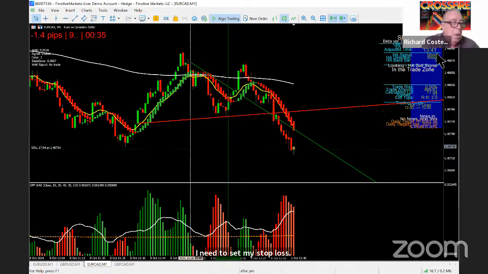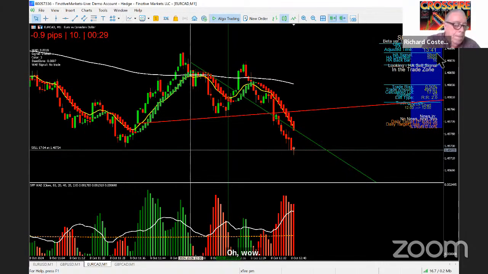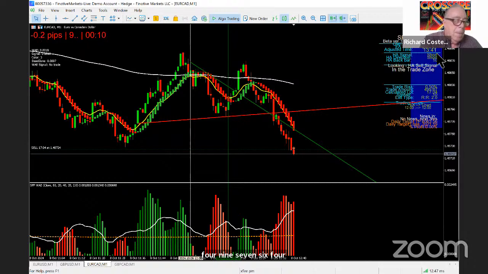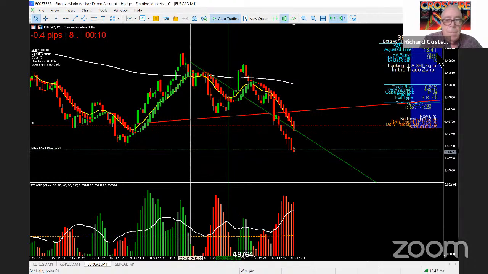So stop loss would have to be 49764. Okay, so there's my stop loss.